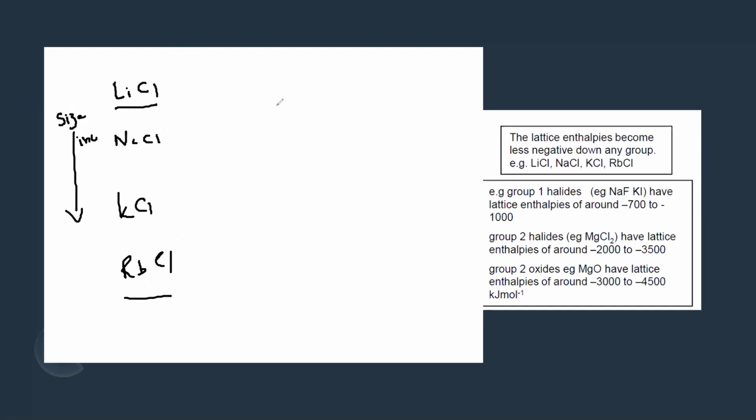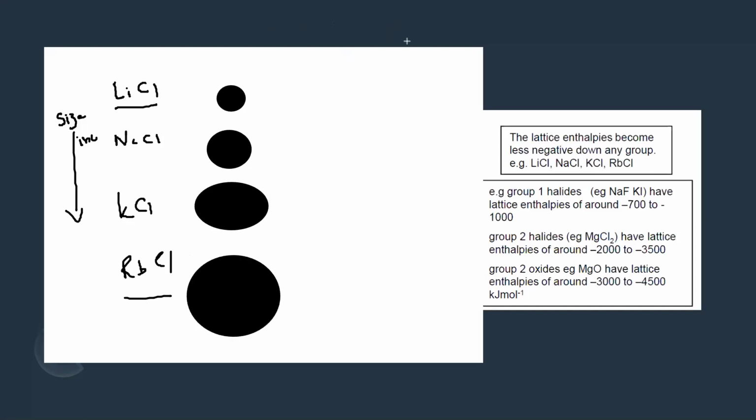And what is the reason why lithium chloride is having a higher lattice energy? Because the lithium ion is smaller in size. Sodium a bit larger, potassium, and then rubidium. But the chloride ion is the same because they are reacting with chloride. So the size of the chloride ion is the same for all.